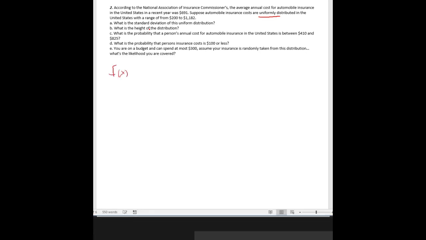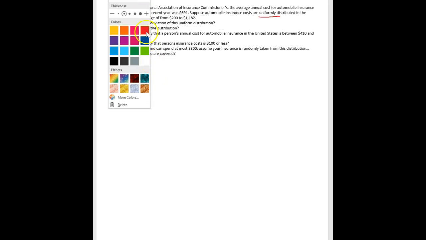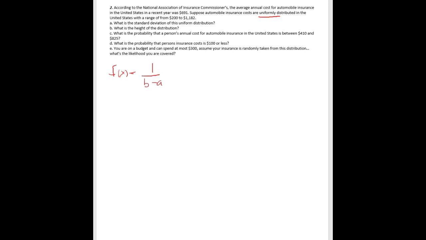So the uniform distribution is always going to be in the format of f of x is equal to 1 over b minus a, and that is defined for x from a to b. Okay? And b and a are just the endpoints of the range for which it's defined, right?